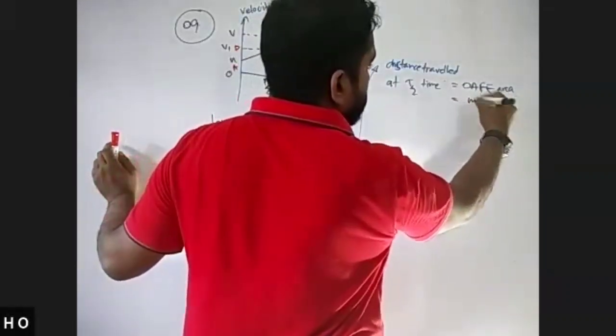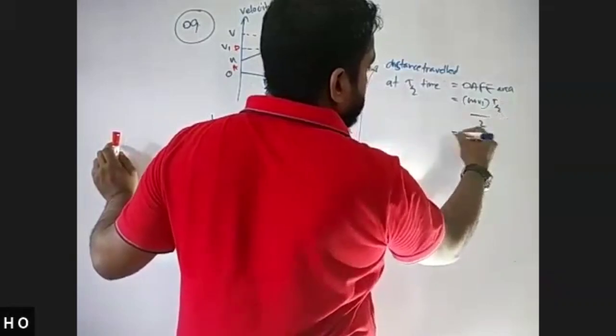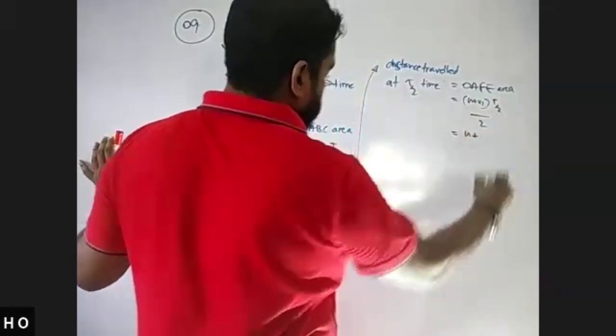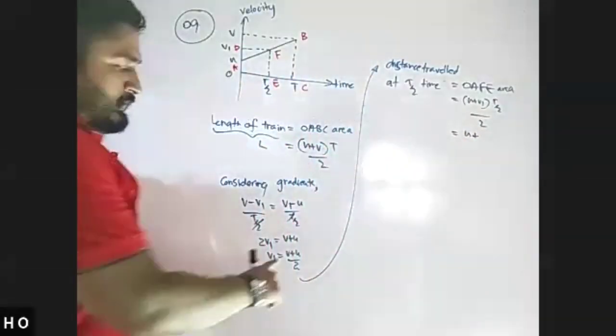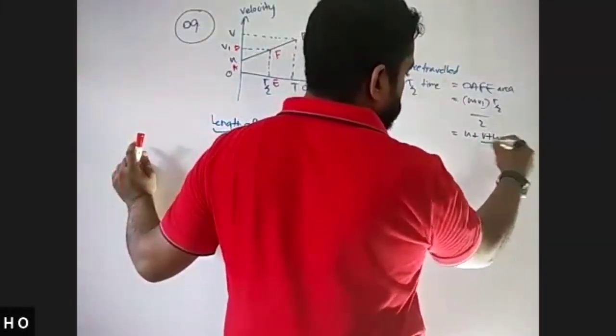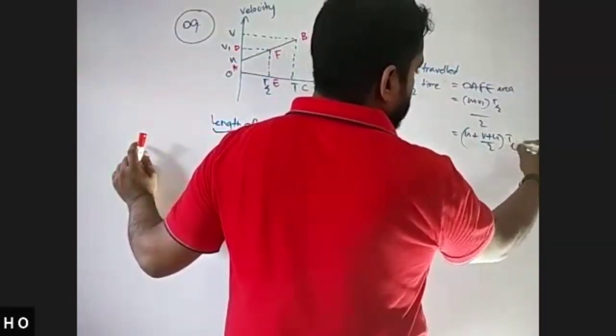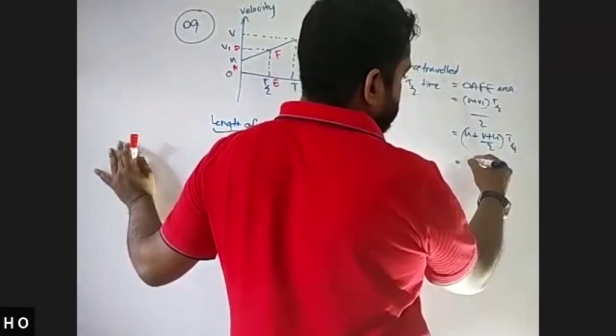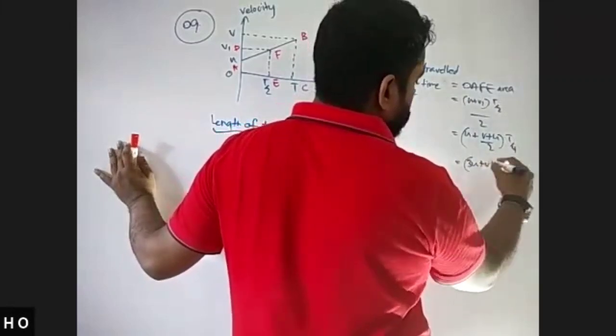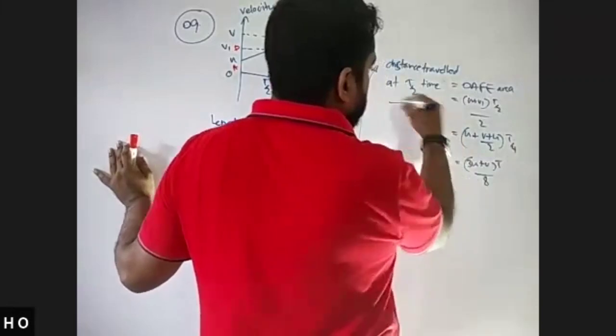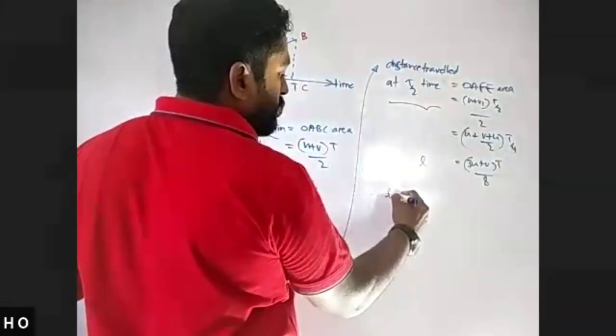With v1 equal to (v plus u) by 2, that gives (v plus u) by 2 into t by 4, which is, by the way, (u plus v) into t by 4. Let it be small l.